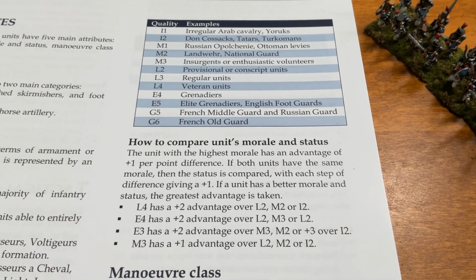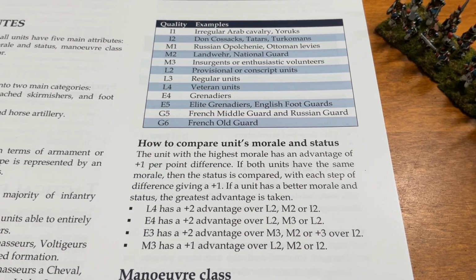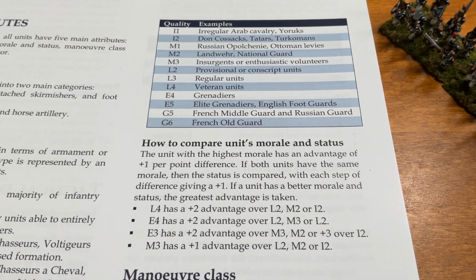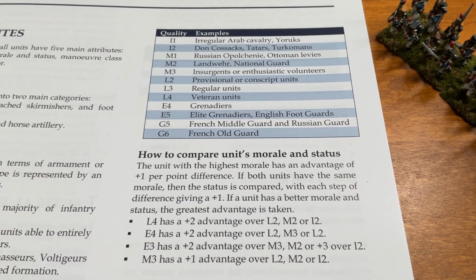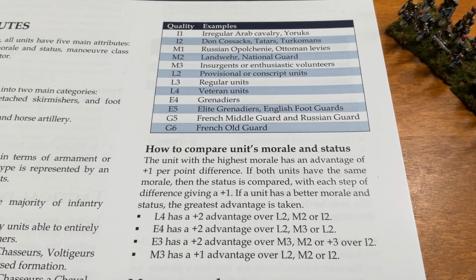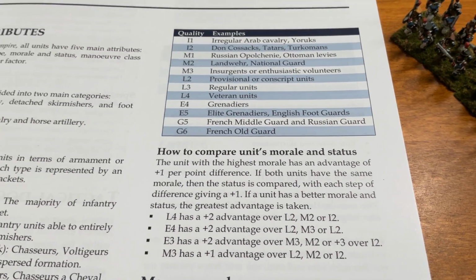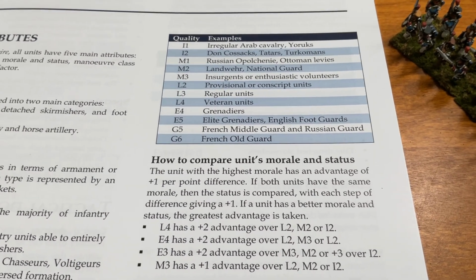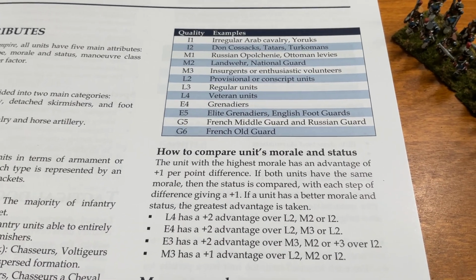For example, if you have a veteran unit of line infantry at morale 4, and it is in combat with line 2, that's a +2 advantage. For example, Guard 6, French Old Guard, against an M2 Landwehr, say it's a Prussian Landwehr.